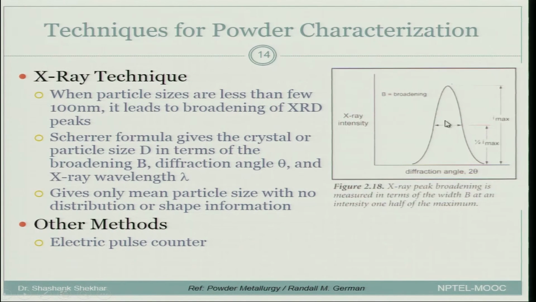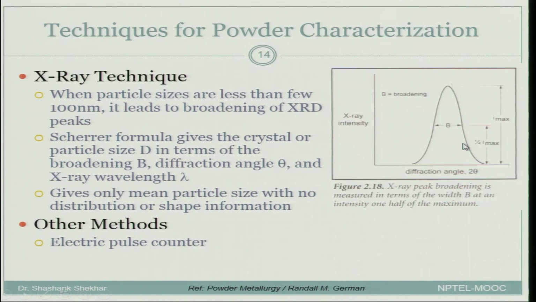Ideally you would have seen a peak only at this particular theta, but because the particle size is limited, you see some amount of intensity at angles less than this theta, and also at angles higher than this theta, and overall you get what is called broadening.